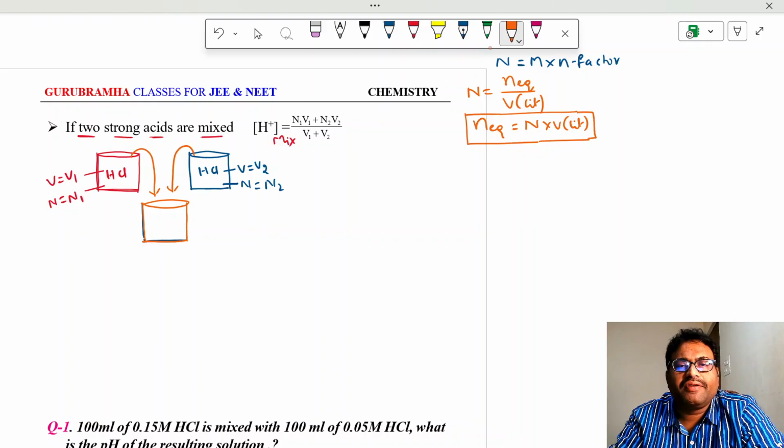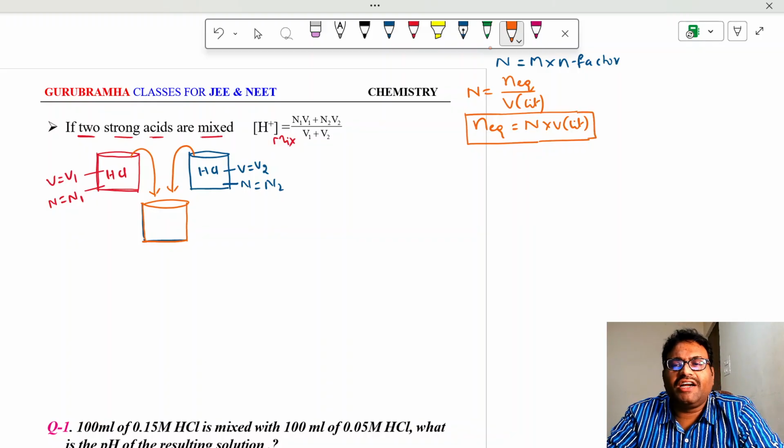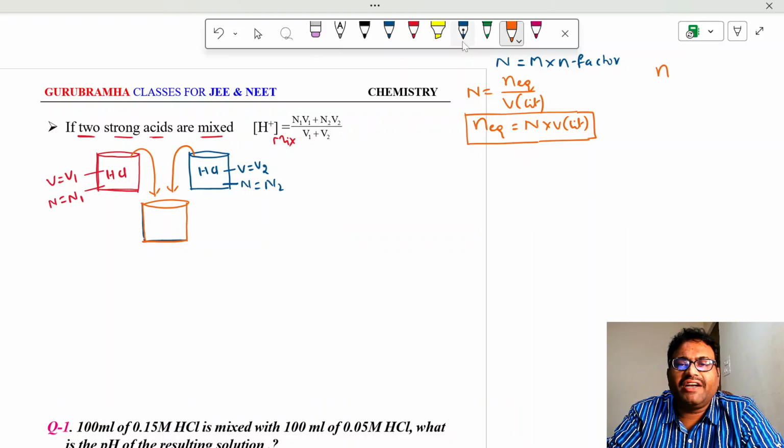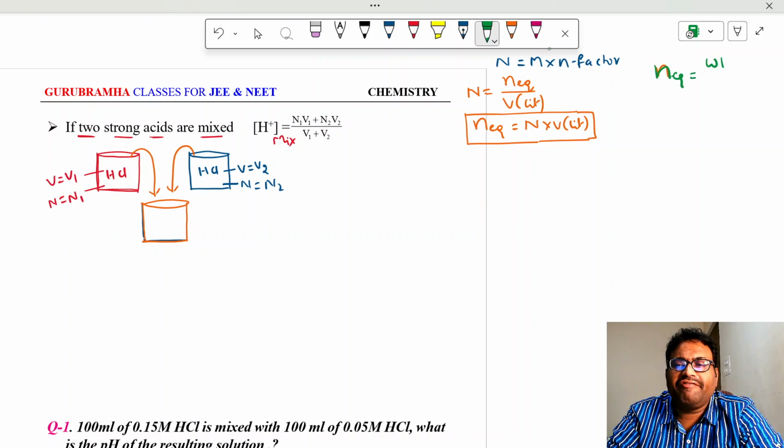There is another formula: number of equivalents, NEQ, is equal to given weight by equivalent weight.